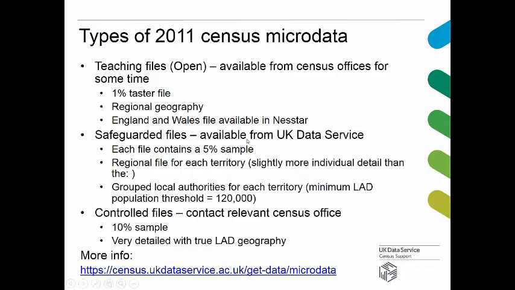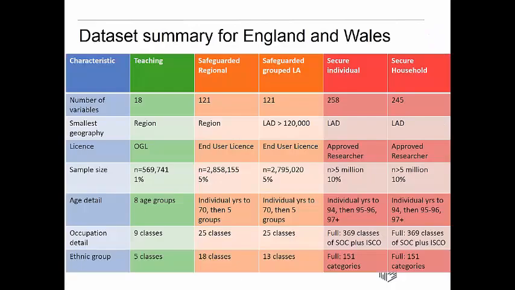I'm not going to go through this one because I think I have a table giving some details of the different census microdata next. Yes, I do. So you can see this is all the different microdata. There's teaching, which is 1%, and you can see there's only eight age groups. For occupation, for example, 9 classes, ethnic group, 5 classes.